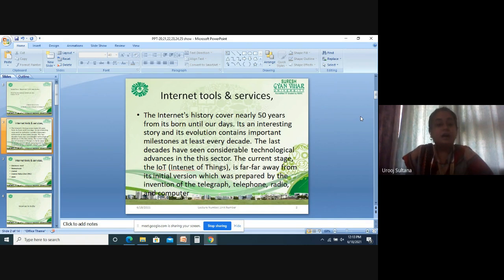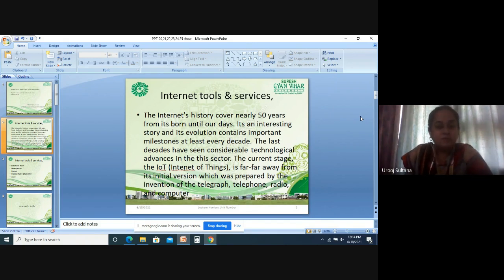ARPANET was funded by the United States military after the Cold War with the aim of having a military command and control center that could withstand nuclear attack.